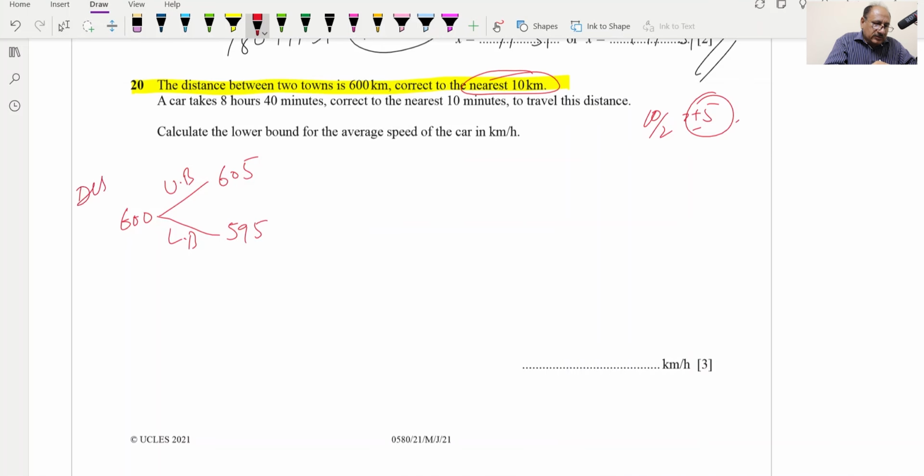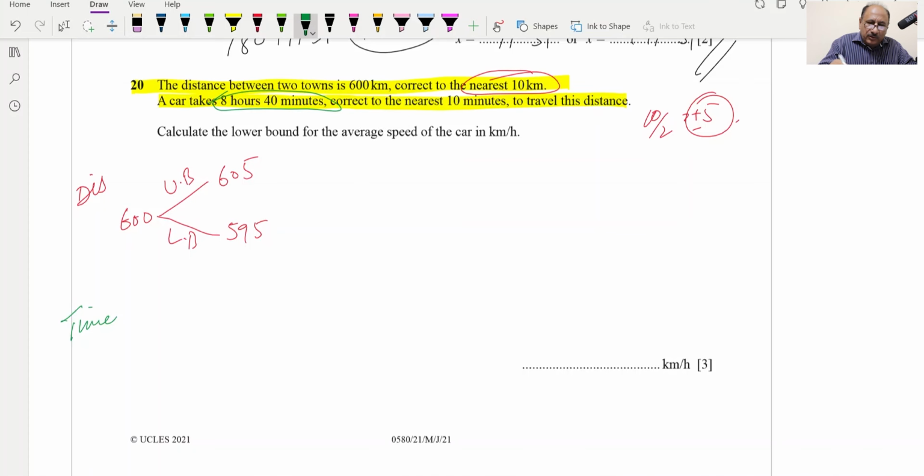This is for the distance, and a car takes 8 hours 40 minutes, correct to the nearest 10 minutes, to travel this distance. So for time, it is 8 hours and 40 minutes.